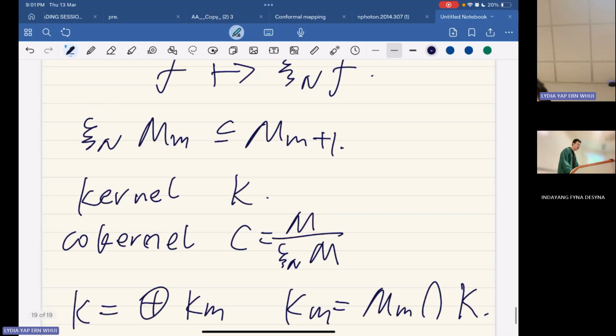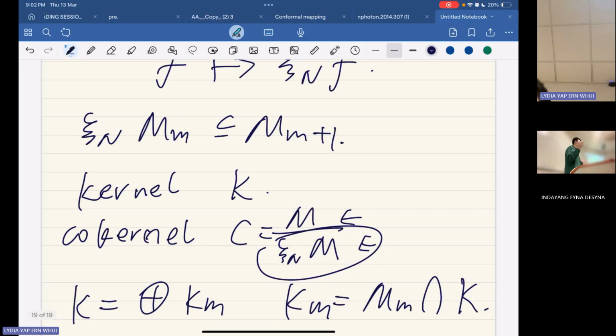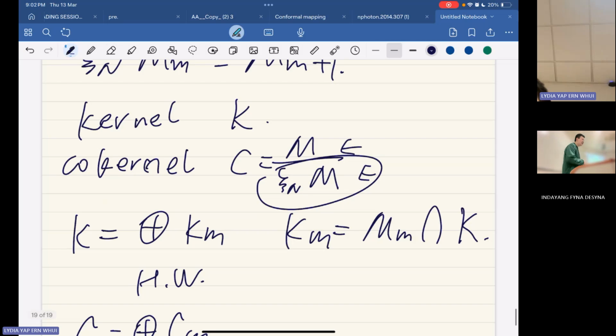We can see this because we quotient a graded module by a graded submodule. Xi_n times M is also graded, because everything in M, if it lives in M_d, when we multiply by Xi_n, it will go into M_(d+1), right? So we keep this graded structure. So Xi_n M is also graded, so this quotient should also be graded.